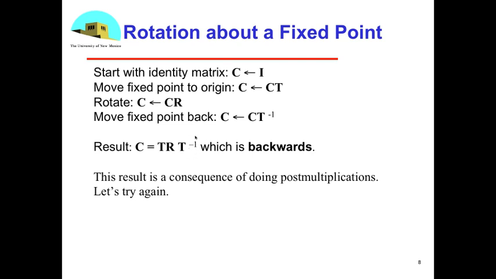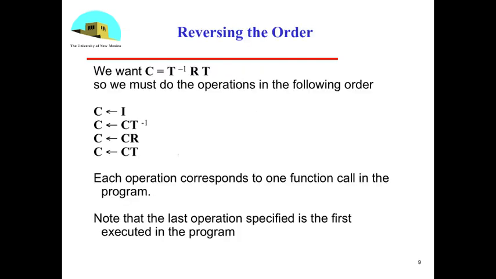So this is how you might try to do it. Say, oh, I know this is going to take me to the origin, but look, it's coming out backwards doing it this way, because the first one that's being applied is the inverse one you want. So you really want to do it the other way. Each of these you can think of as corresponding to one line in your code. First you specify the last transformation, then the second transformation, then the first transformation.